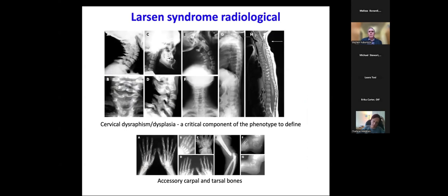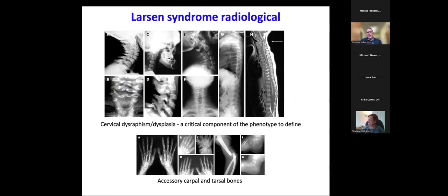But the most catastrophic part of this condition is the cervical kyphosis, which can occur due to either dysraphism or dysplasia of the cervical spine. About 10% of children with the Larsen syndrome mutation can have this and go on to develop spastic quadriplegia if it's not remediated surgically ahead of time.